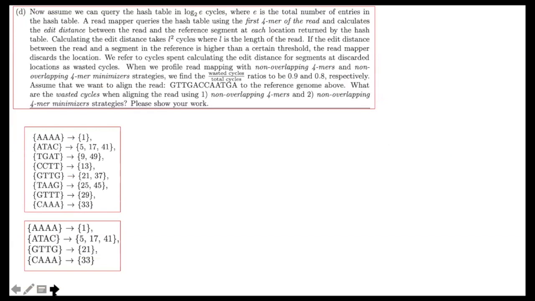Okay, now let's go to the fourth point, and it's the last point in this question. Here, we assume we can query the hash table in this many cycles, where E is the total number of entries in the hash table. Okay, and now a read mapper queries the hash table using the first k-mer of the read.